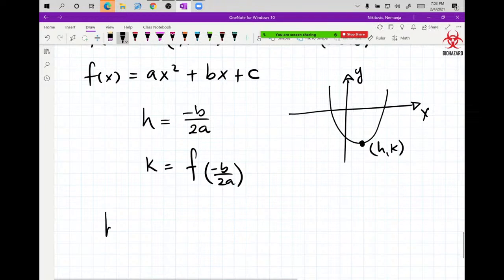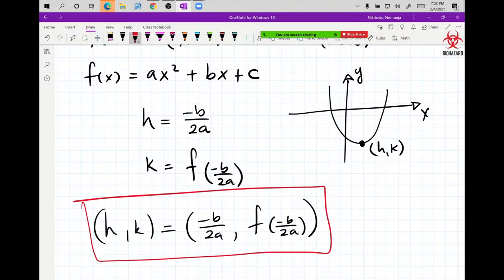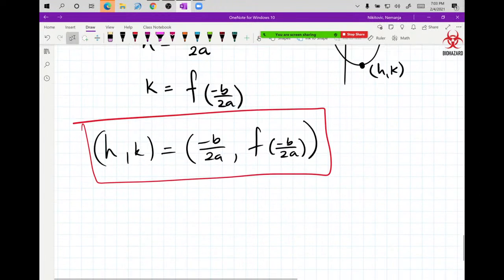So technically, h comma k can also be represented as negative b over 2a comma f of negative b over 2a. Now it's convoluted to write it that way, but when you have a problem, it's always a joke to compute.